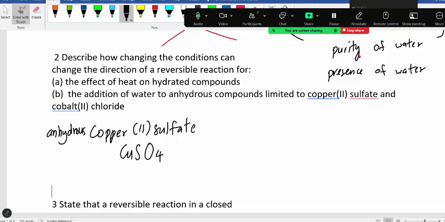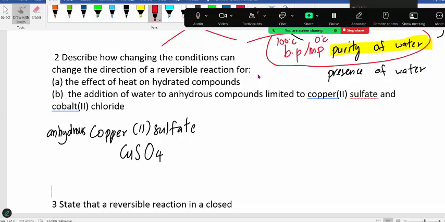How do I test for the purity of water? Every pure substance has a very distinct boiling point and melting point. The boiling point of water is 100 degrees Celsius. The melting point of pure water is 0 degrees Celsius. This is how you test for purity, remember?